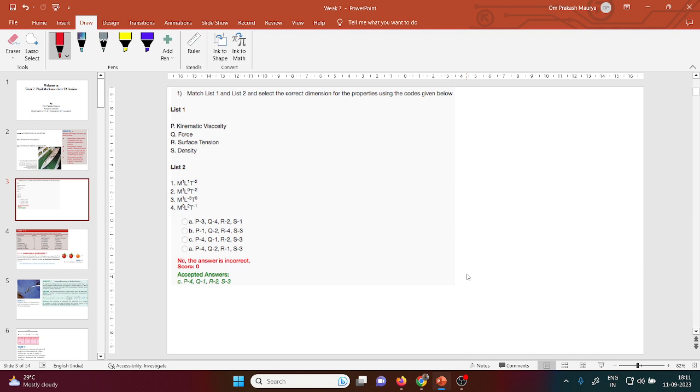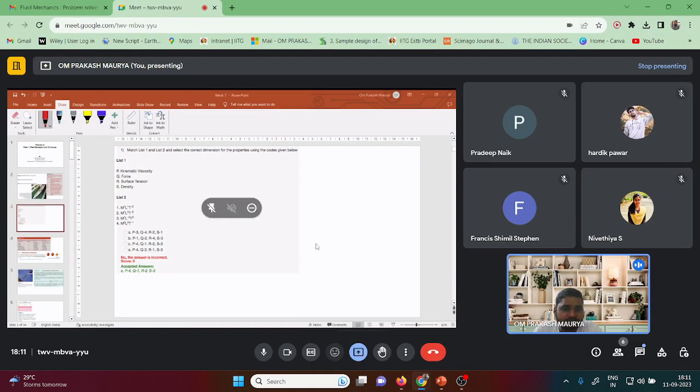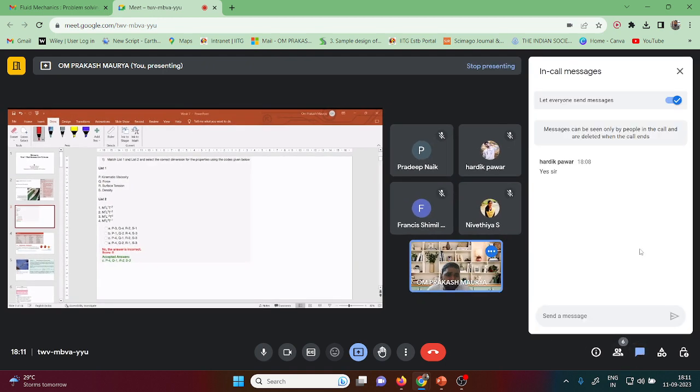Then I will explain how we calculate the dimensions. Please write your answer in the chat box. Do some dimensional analysis for the first question, whether option C is correct or not, and after 5 minutes I will explain how to calculate.